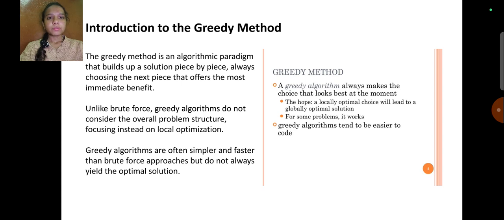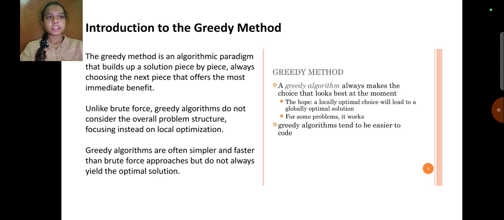Unlike brute force, greedy algorithms do not consider the overall problem structure, focusing instead on local optimization. Greedy algorithms are often simpler and faster than brute force approaches but do not always yield the optimal solution.